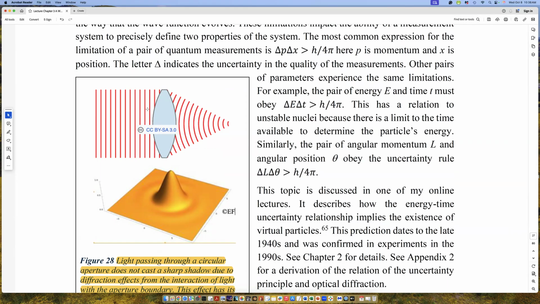The physics of this was understood since the very early 1800s. And what it tells us is even if you design a perfect lens, because there are boundaries to the lens, you cannot make an infinitely perfect focus. If you have light propagating toward this lens and look at the properties at the focal point, you don't get a little spike, an infinitesimally small spike.